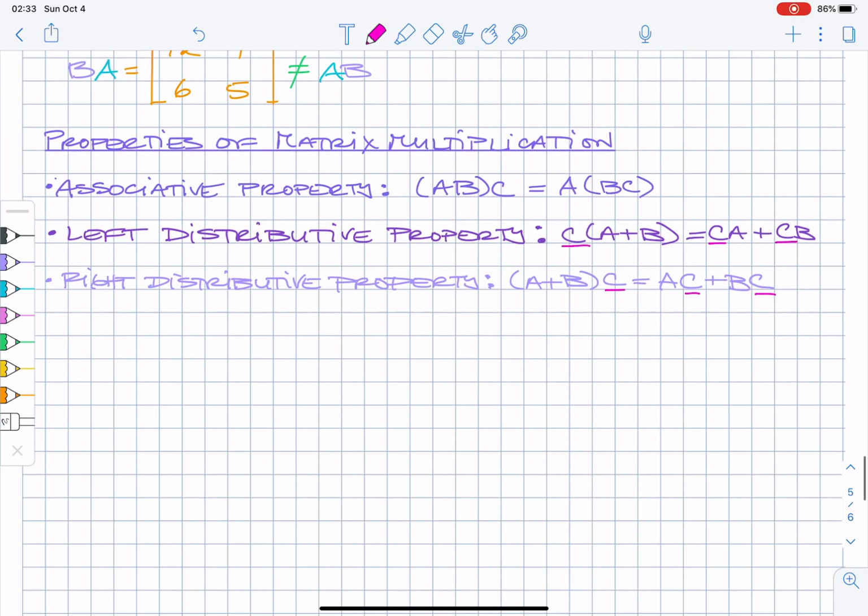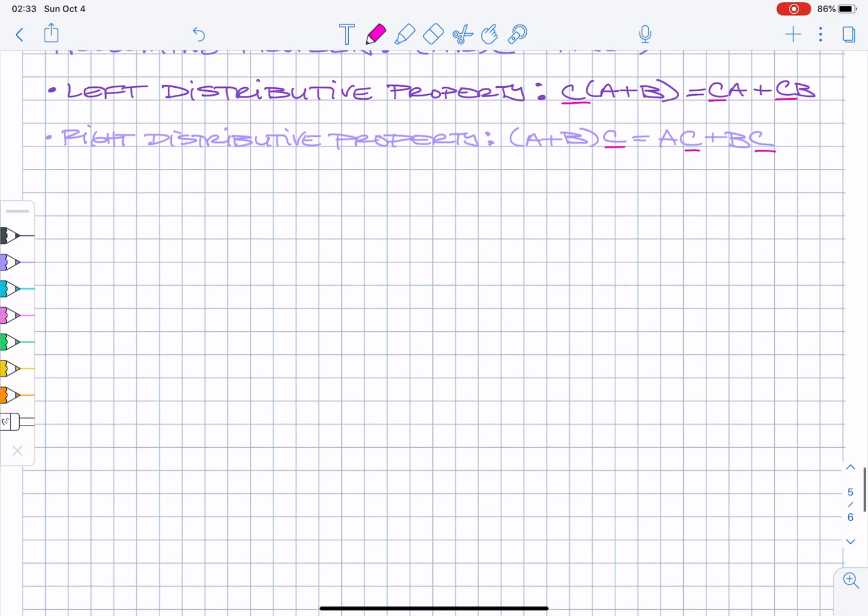So let's do some fun things with matrices, if I can stay awake for it. So, for example, let matrix A be equal to [1, 2; 0, 3].